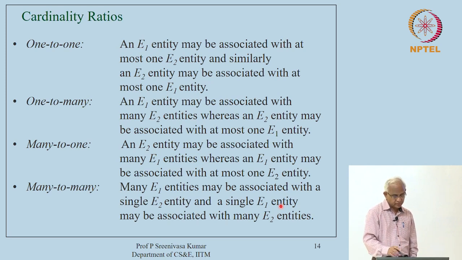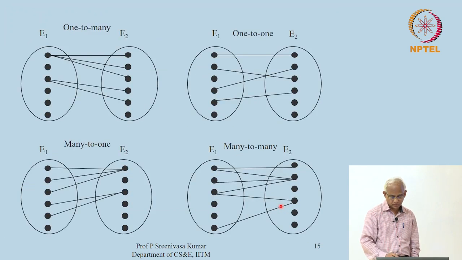Before that, I have a picture which gives you clarity about this. This is 1 to 1. Remember that it is a maximum, so some entities might not be associated with any entity on the other side, but because it is 1 to 1, if at all it is associated, it is a maximum of 1.